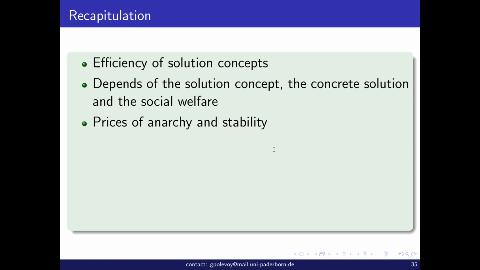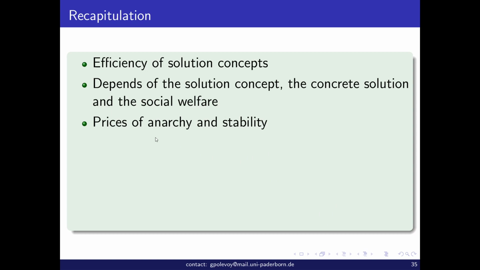And also efficiency depends on the social welfare. The way we define social welfare, usually we look at the so-called utilitarian social welfare, the sum of the utilities, or of the costs, but it can also be that we look at the maximum social welfare.